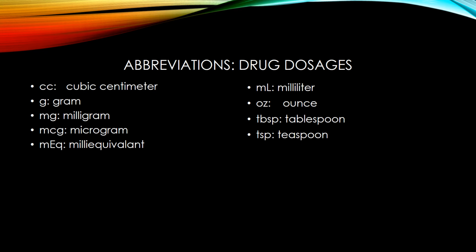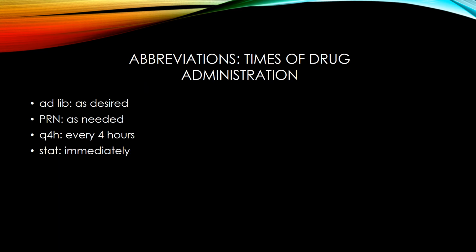Although CC, they don't recommend that you use that abbreviation anymore. Some of these actually may be on the do not use list. And then here are some others. Ad lib is as desired. PRN is as needed. Q4H is every 4 hours. And STAT means immediately.